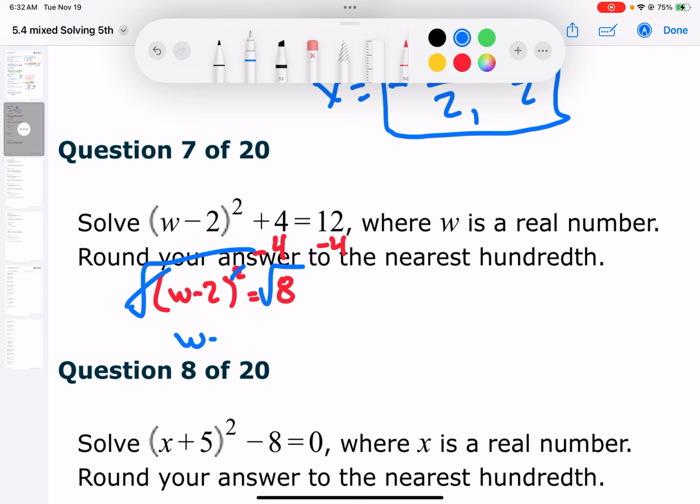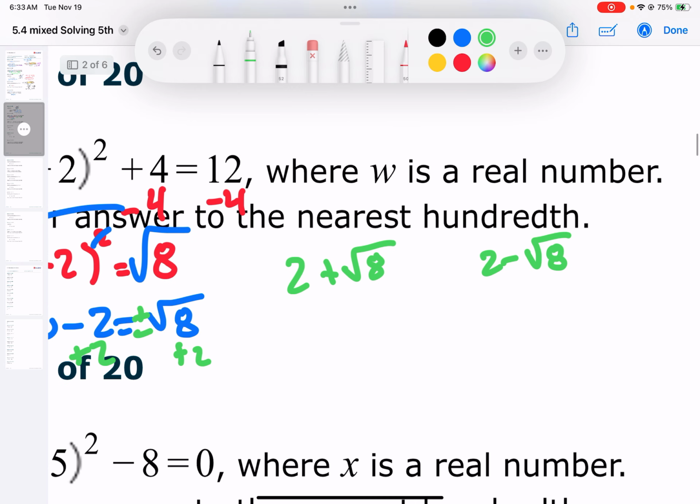So I've got w minus 2 equals the square root of 8. I'm going to add 2 to both sides. So I got 2 plus square root of 8. I've also got 2 minus square root of 8, because this right here was a positive and a negative.